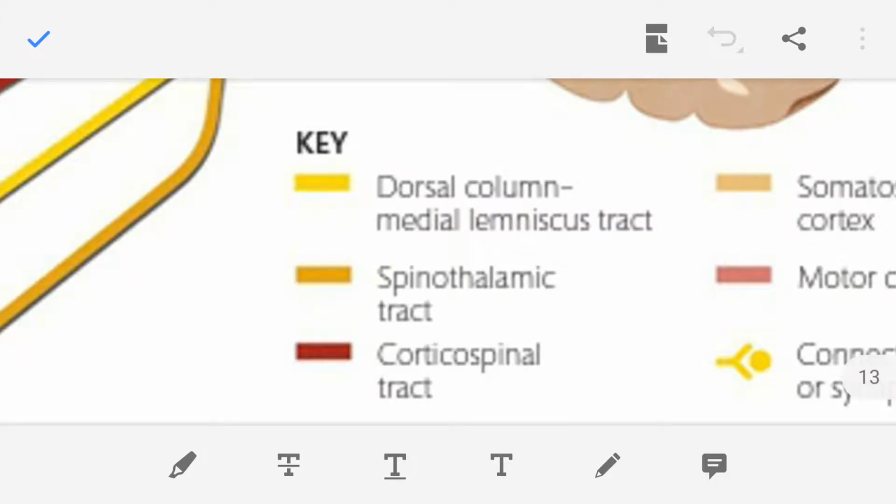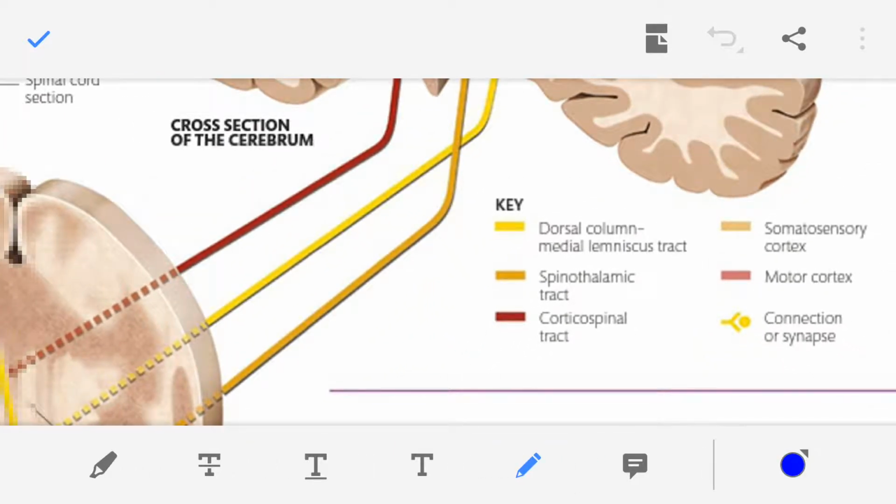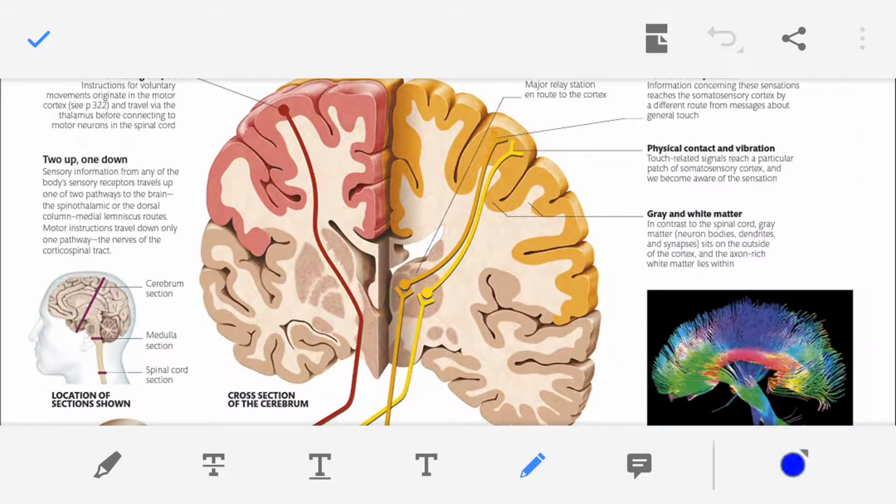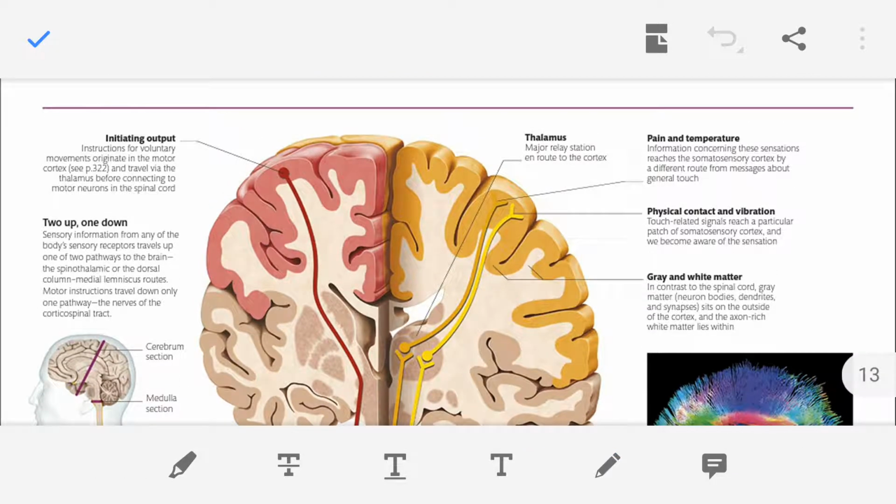The name of the tract is dorsal column medial lemniscus tract, yellow color, then spinothalamic tract, brownish yellow color, and corticospinal tract, red color. So this one, and this one, these are the tracts. And this is the brain's cross section. So here you see in which center of the brain the tracts are reaching.